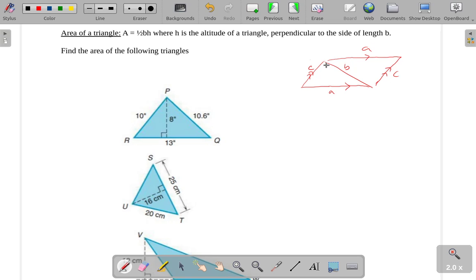And we've already seen the area of a parallelogram: take the base, call one of these the base, and call this distance here the height, measured at a perpendicular.